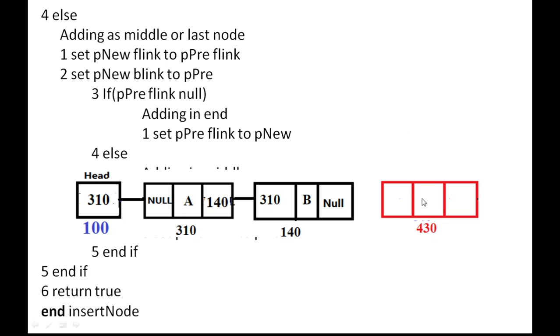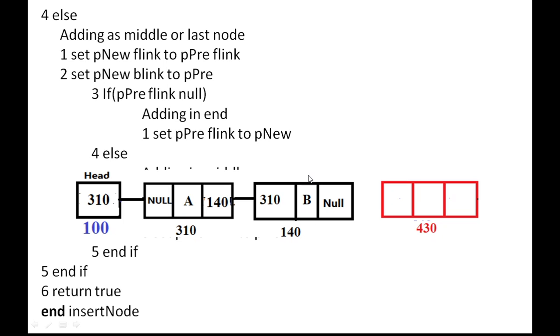So just look at this picture and try to identify the statement. I want to insert at the end. So what changes are needed? As usual, we have to write the data, and then the backward pointer of the new node has to be assigned with the address of the current last node. Okay, see, the backward pointer of the new node has to be assigned with the address of the current last node, which is nothing but p pre.